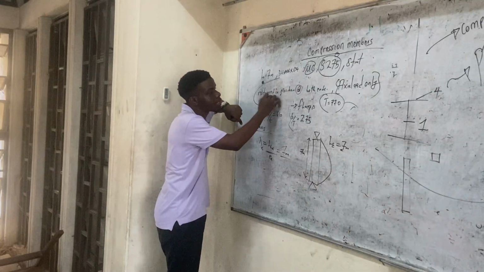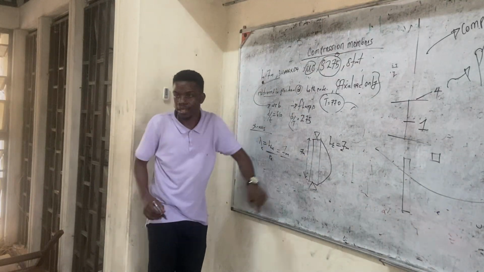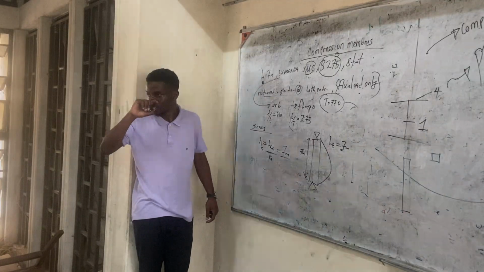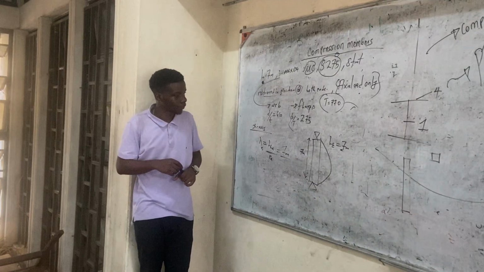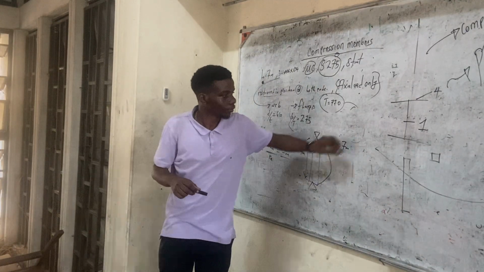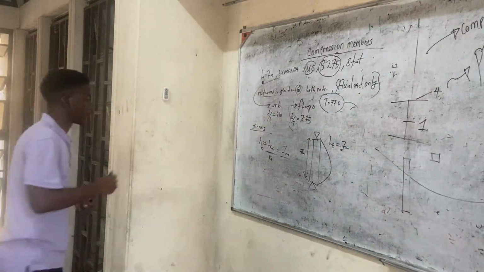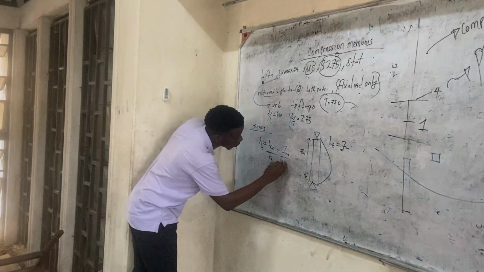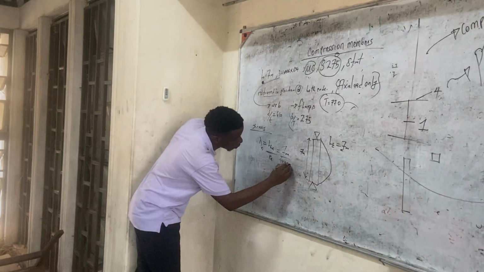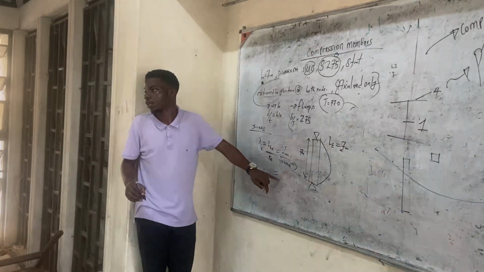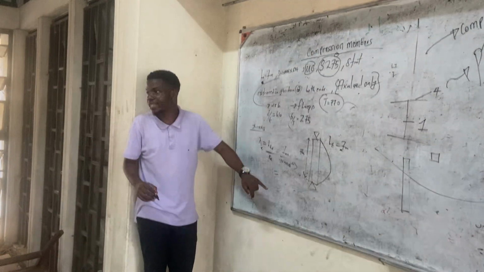Yes, in position means pinned. So RX is what? 18.4. What do we have as effective length in the x direction?